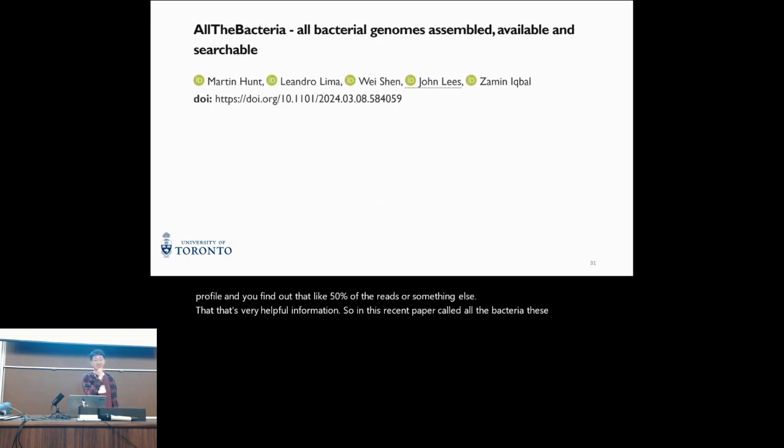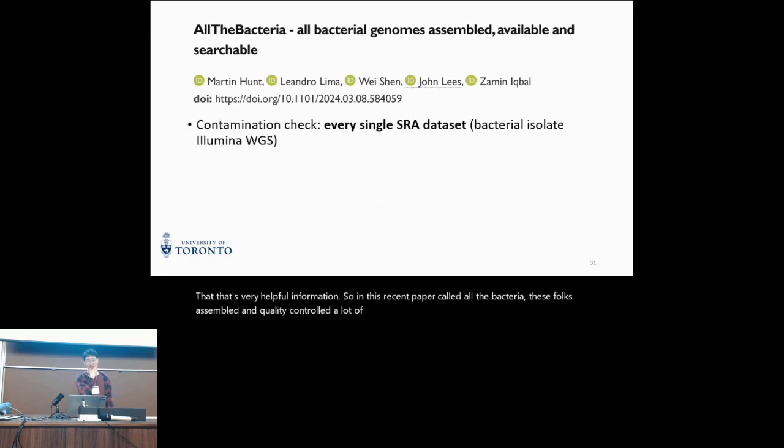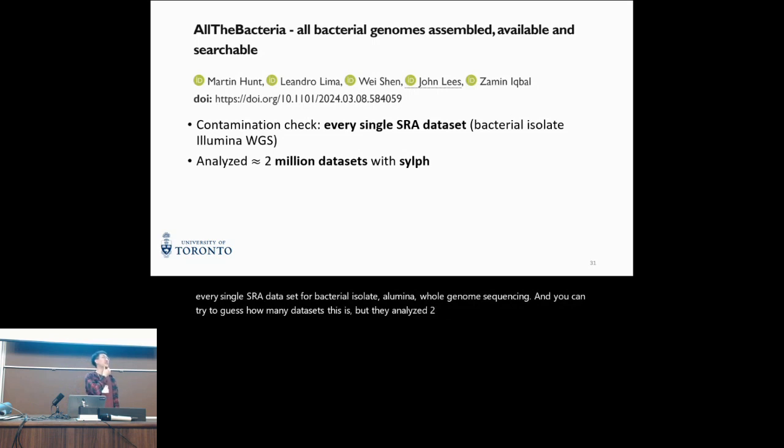These folks assembled and quality controlled a lot of genomes. They did a contamination check and assembly for every single SRA data set for bacterial isolate Illumina whole genome sequencing. You can try to guess how many data sets this is, but they analyzed 2 million sequencing data sets.